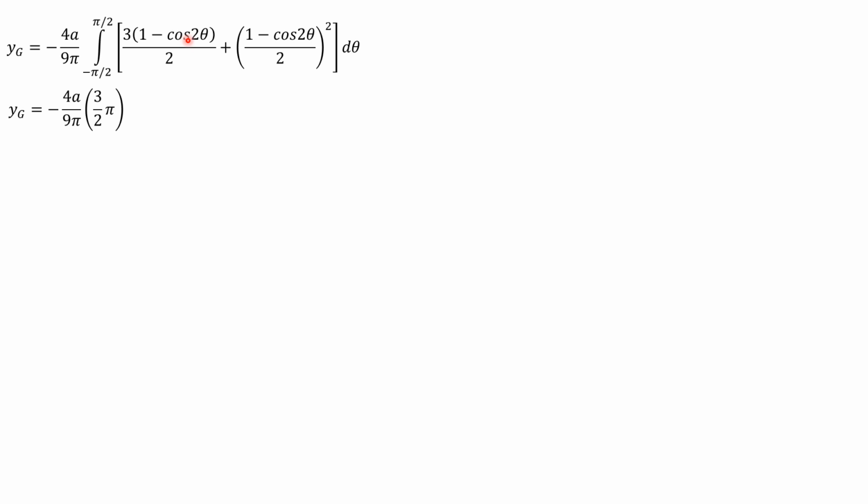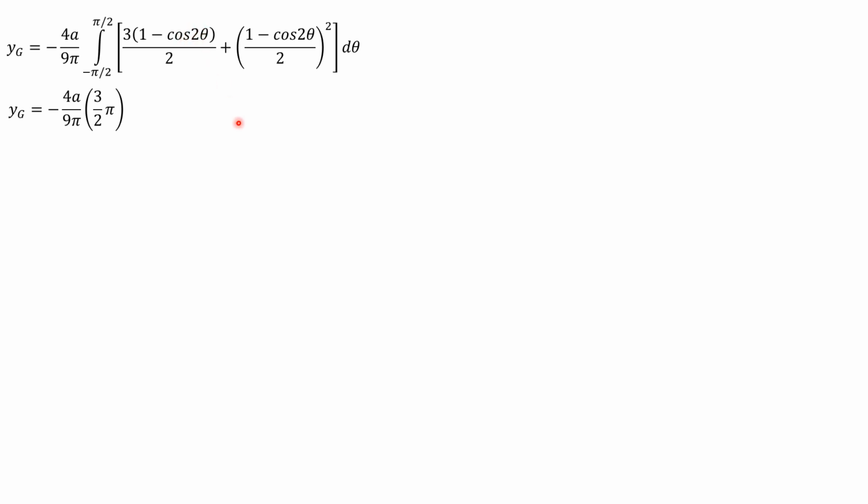While for this integral of cosine 2 theta, this is negative 3 halves, then cosine 2 theta, that's negative 3 halves sine 2 theta over 2, so negative 3/4 sine 2 theta. But since the limits are from negative pi over 2 to pi over 2, sine of 2 times pi over 2 is sine of pi, which is 0, minus sine of negative pi, which is also 0. So we'll just ignore that part.